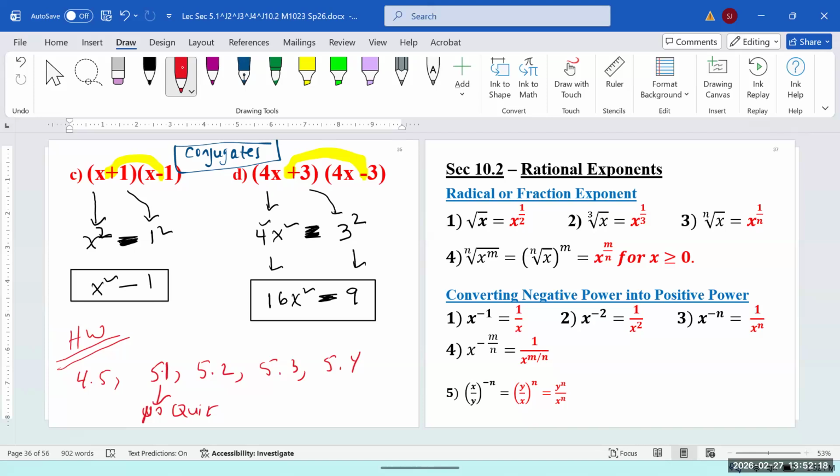So anytime you have a radical, the radical turns into a fraction power. That thing outside we call the index or root. And that thing inside the radical, we call the radicand or base.